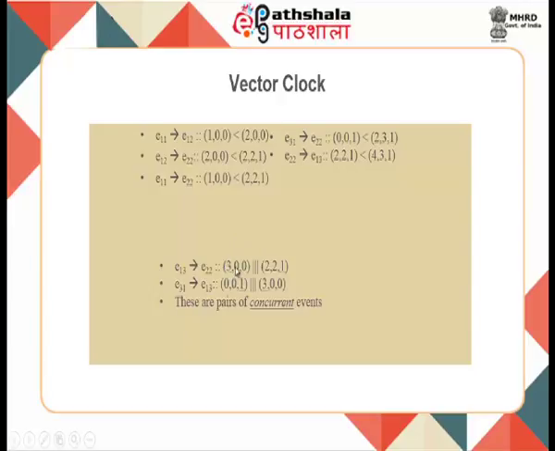Now, this is 0, this is 2. So, this is bigger, this is 0, this is 1. So, this is bigger. For one count, E13's value is larger, for the other counts E22's value is larger. So, therefore, these timestamps do not follow any relationship, and hence these events are concurrent events.